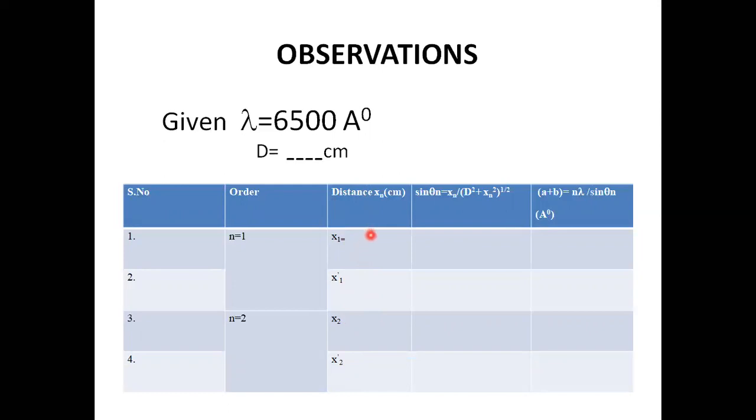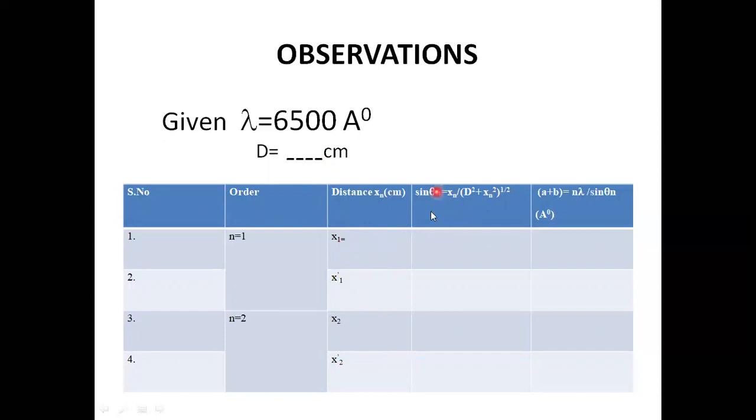So experimentally we will note these four distances plus D. That means a total of 5 observations. So we'll note these 5 distances.